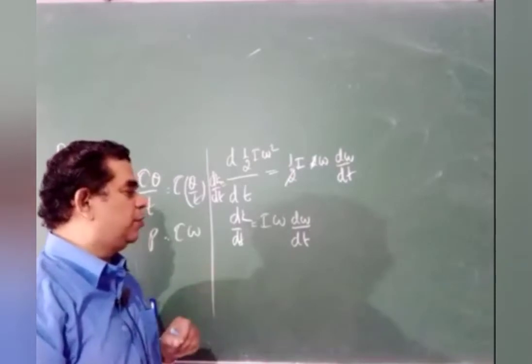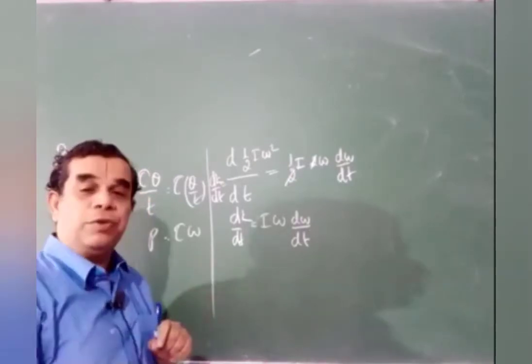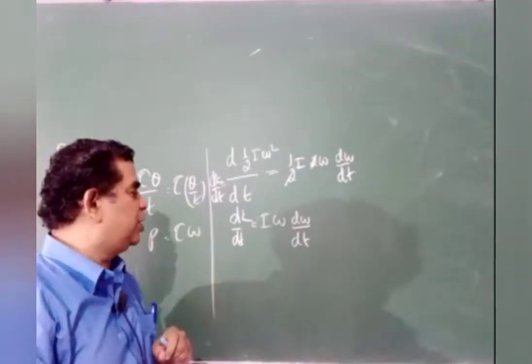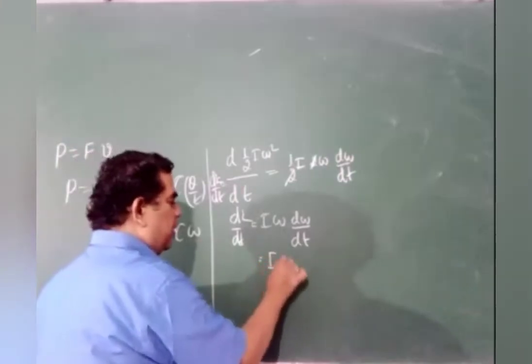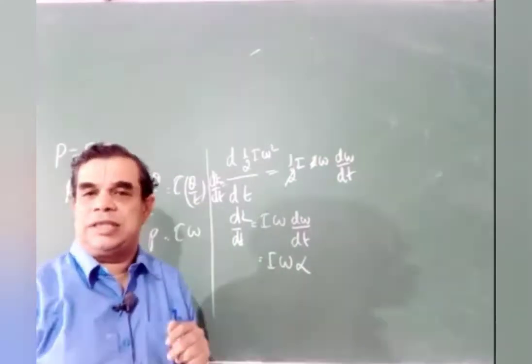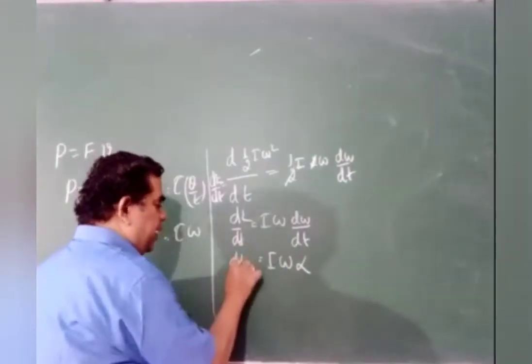So observe from these things. We have taken the rate of change of kinetic energy, I omega d omega by dt. I can write it as I omega alpha, where alpha is the angular acceleration. Therefore dK by dt.